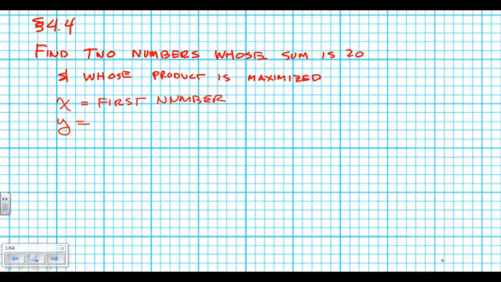Y is my second number. And I want to talk about the relationship between X and Y. That relationship is that X plus Y is equal to 20.